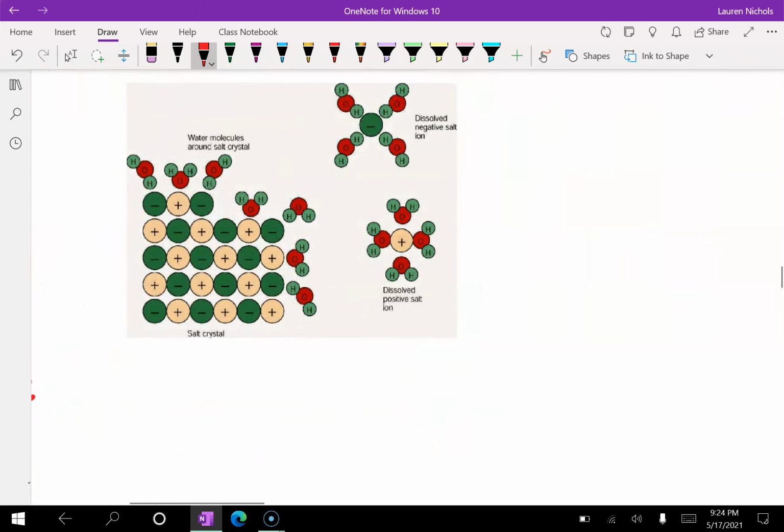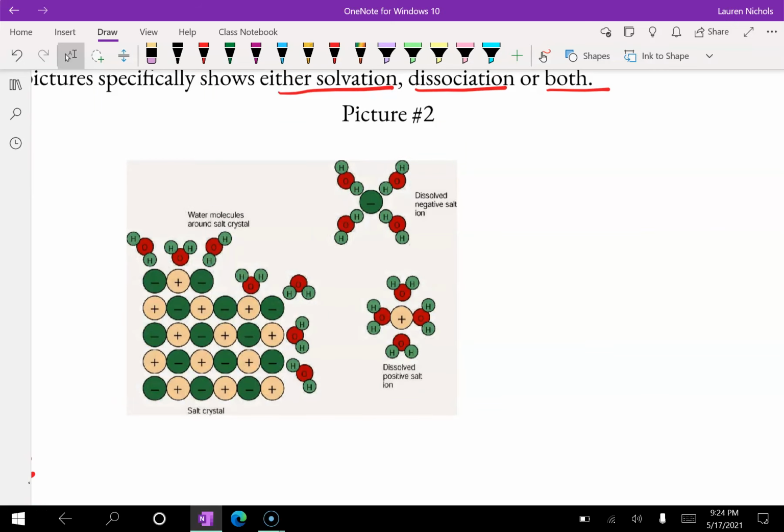Now, if we look at picture number 2, we see that there are anions, which are negative, and cations, which are positive. And here we see that the hydrogens are near the negative one, and the oxygens are near the positive, and that water surrounds them.